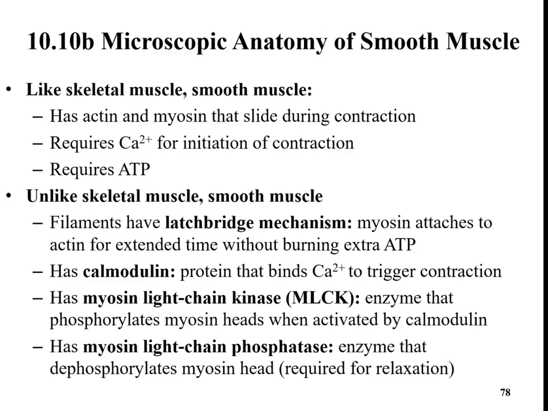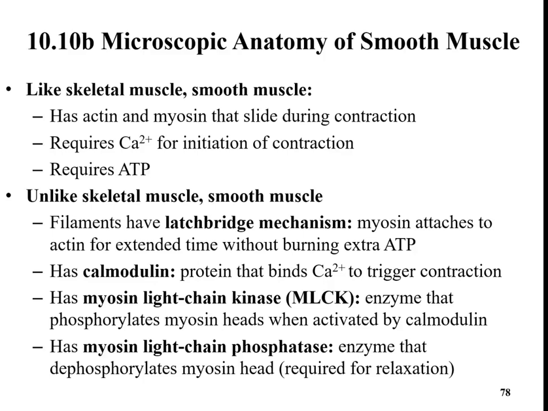Smooth muscle also has calmodulin. This is a protein that binds calcium to trigger contraction. And it has myosin light chain kinase and myosin light chain phosphatase. Myosin light chain kinase is an enzyme that phosphorylates the myosin heads when activated by calmodulin.